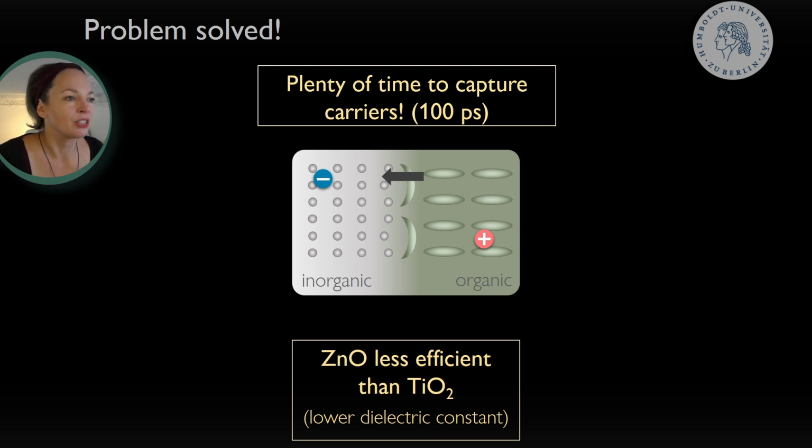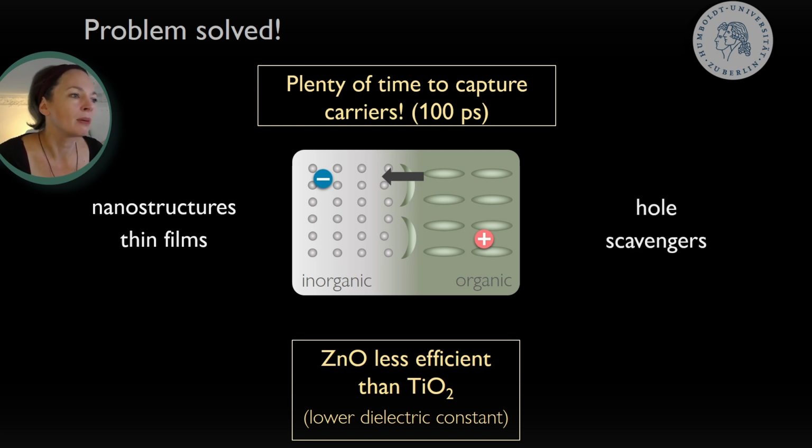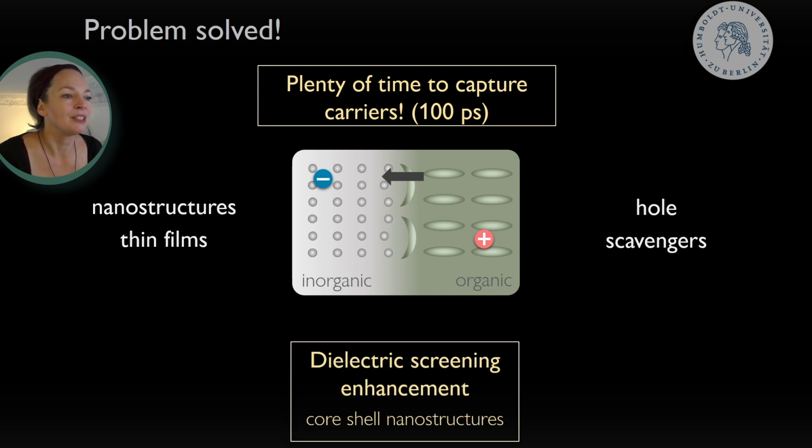I could envision doing this by clever nanostructures, or we could get rid of the hole by very efficient hole scavengers. Another scenario would be to use core shell nanostructures to enhance the screening of the Coulomb interaction, enabling the electron to escape the attractive Coulomb potential of the hole.